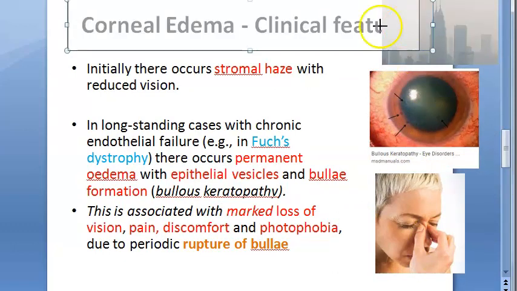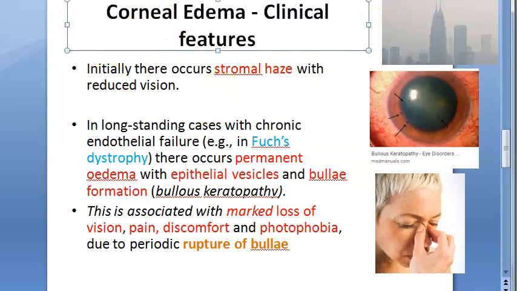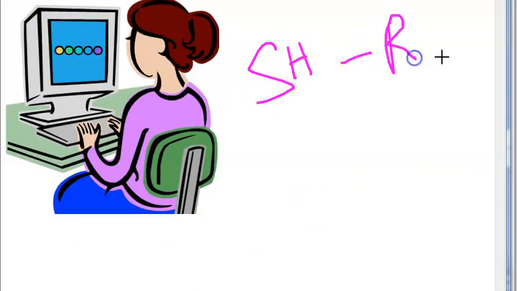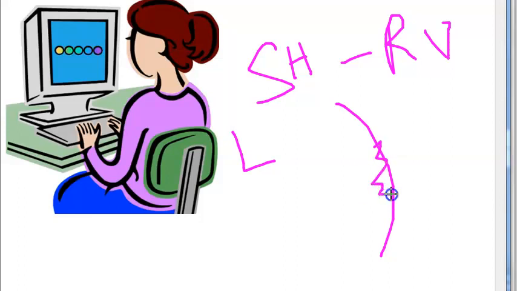So that is it about the clinical features. Let's summarize the clinical features of corneal edema. Initially what will happen? He will have stromal haze and that will lead to reduced vision. Long-standing cases like in Fuchs dystrophy, there will be permanent edema and the epithelium will have some vesicles and there will be bullous keratopathy. These will burst.